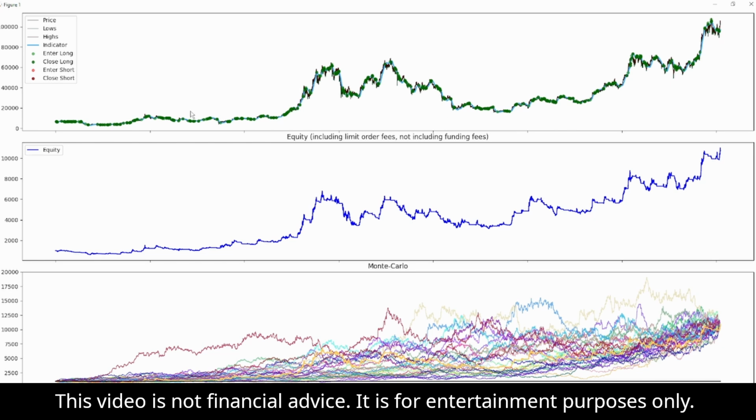But as you can see, just by simply holding Bitcoin, it was about 25x over this backtest period, so the performance would have been better with Bitcoin in terms just of return. Of course, the drawdowns are a little bit less with the triple EMA price crossover strategy, but they are still quite big.